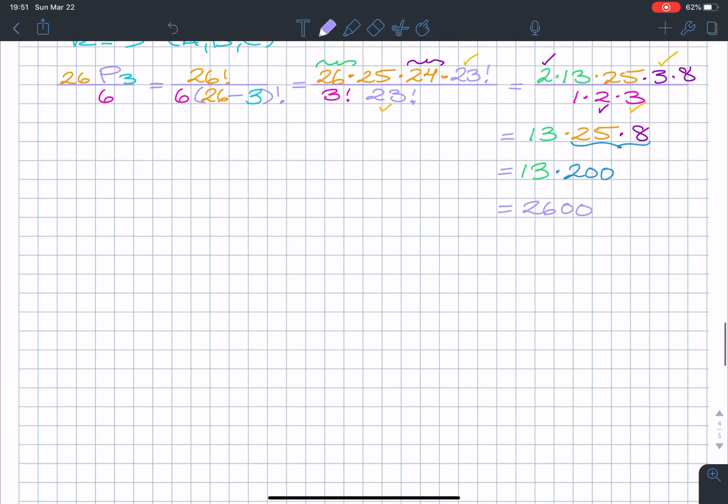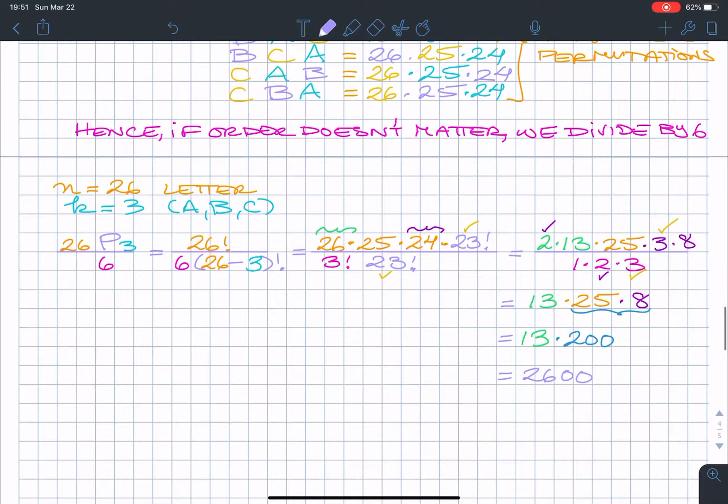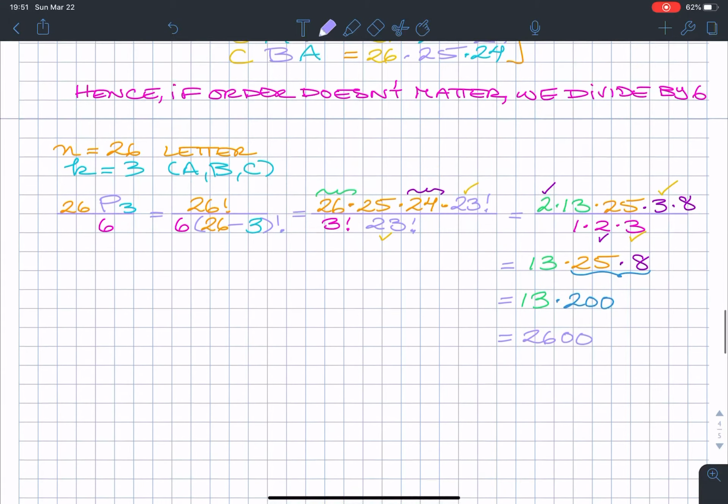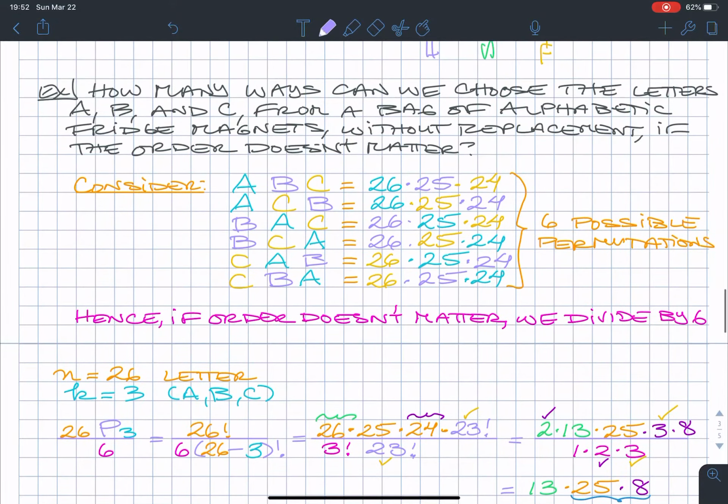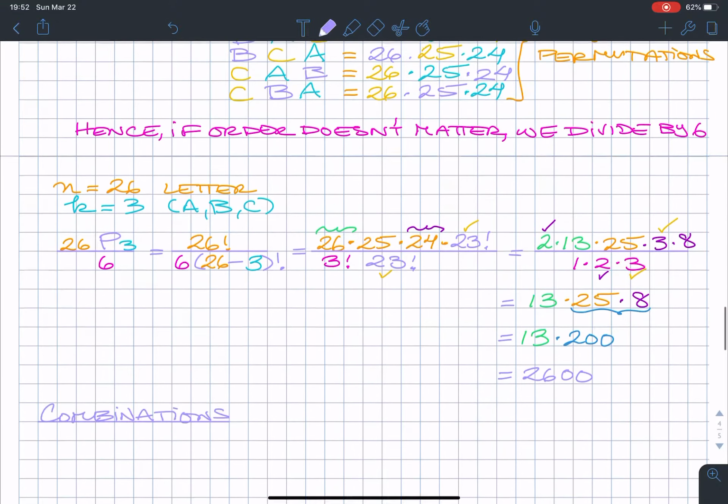And now, what did we just do? It's a permutation divided by a factorial. What is that called? That's called a combination. So combinations. And this is when order doesn't matter. So like the above, all of these were all the same. It did not matter.